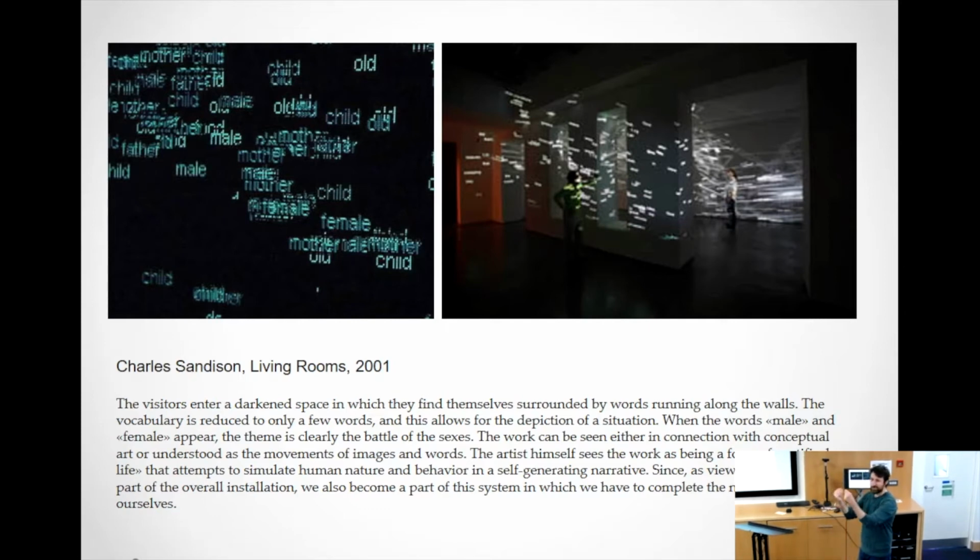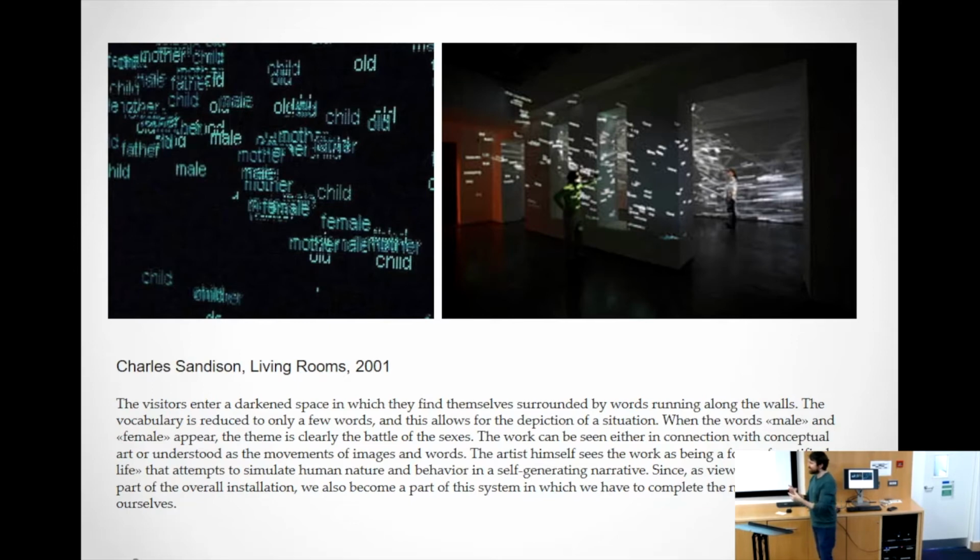You'd see words like male and female scan across the wall. When those two words collided with each other, following a random algorithm, they would produce, according to a random number generator, 1 to 7 children, and the word child would pop up, or 7 words child, that would then move off in different directions.